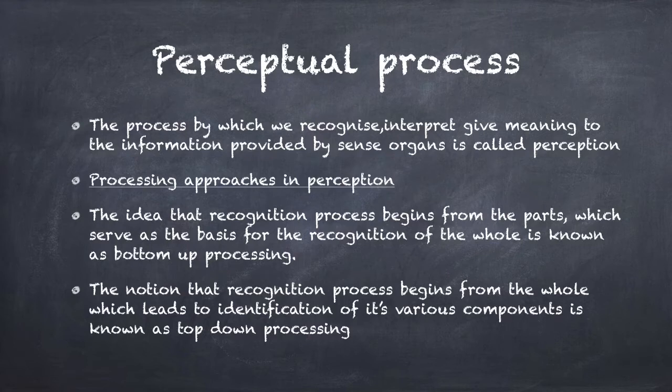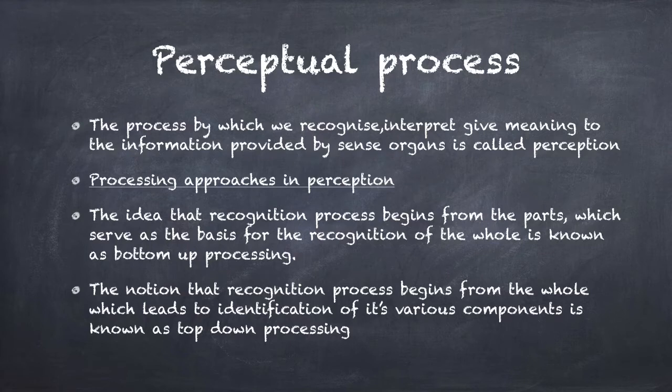Okay, so remember, the bottom up approach lays emphasis on the features of stimuli, as in the parts like the furry body, two eyes, tail, legs. So features are focused in bottom up processing. The top down approach lays emphasis on the perceiver and considers perception as a process of recognition or identification of stimuli.